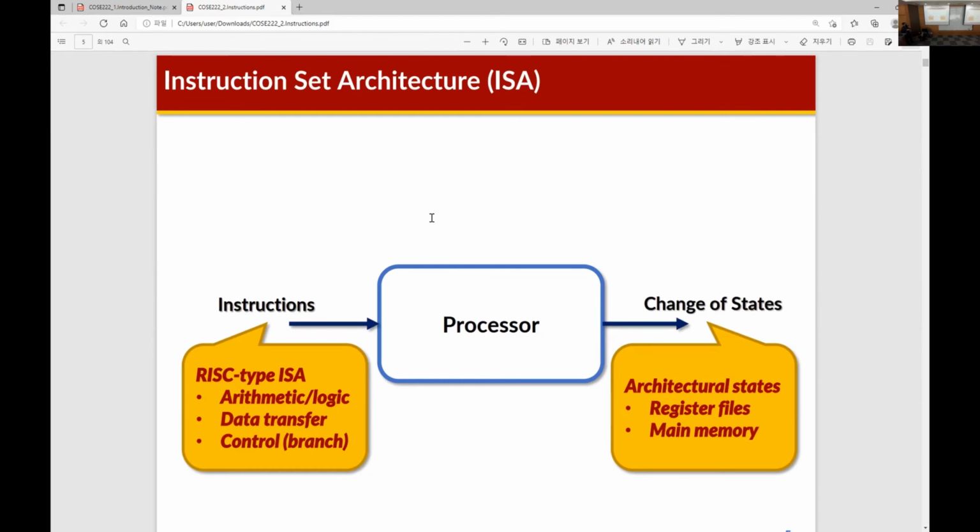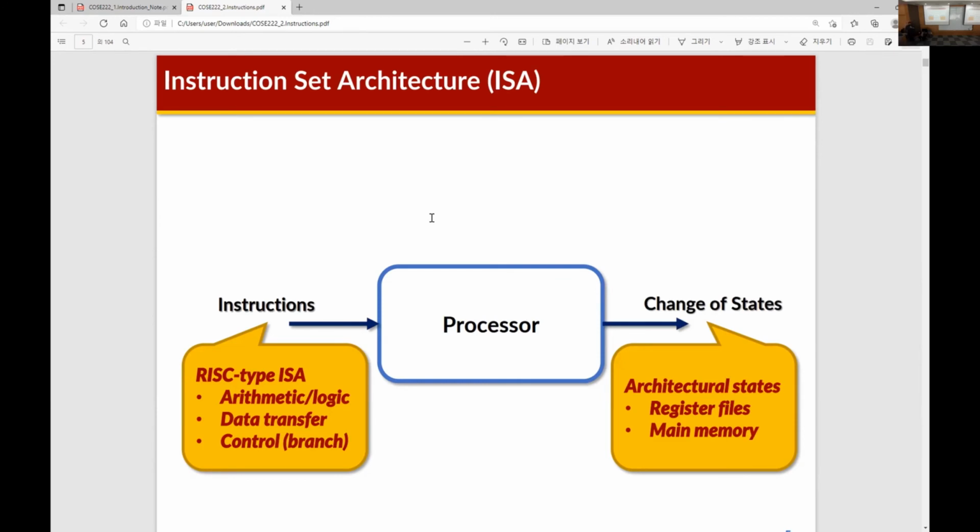Architectural states are changing. Then what are architectural states? Register files and main memory, which means data stored in register files and data stored in main memory. So the instruction set architecture just defines this result, the change of state in register files and main memory.